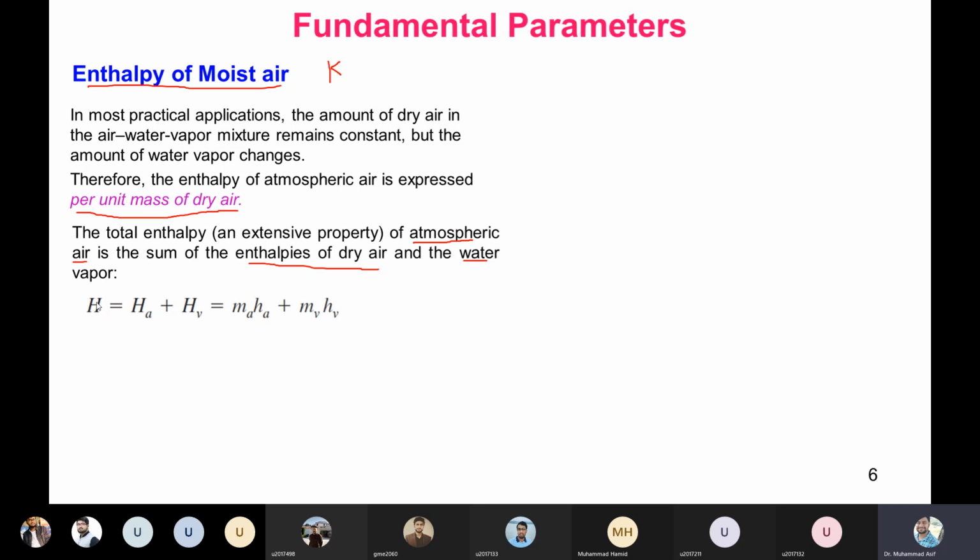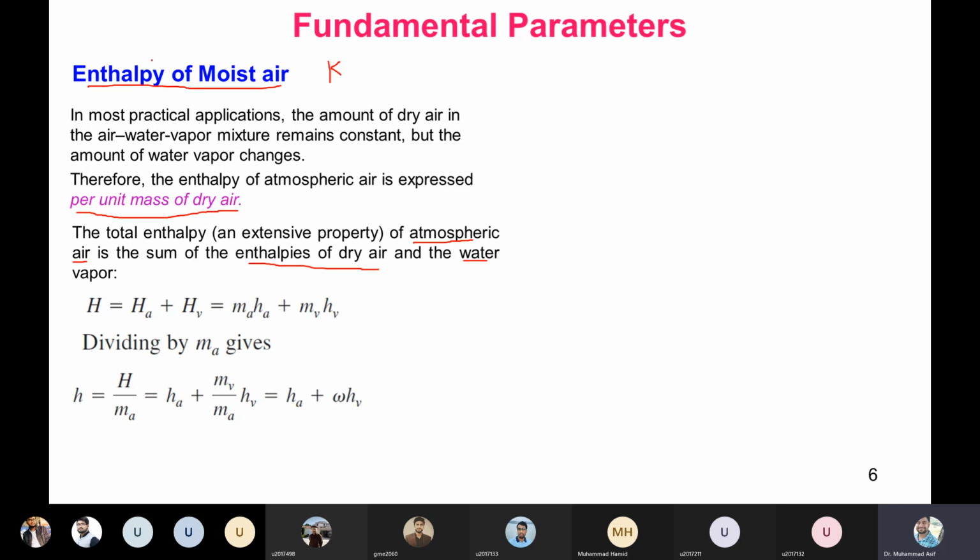This is the explicit form. If we convert it to the implicit form, then the total enthalpy is mass into enthalpy. Similarly, capital H is mass into enthalpy. Now, if we divide this by the mass of the dry air, then this is small h. That small h is basically the enthalpy of the moist air per kg of the dry air.